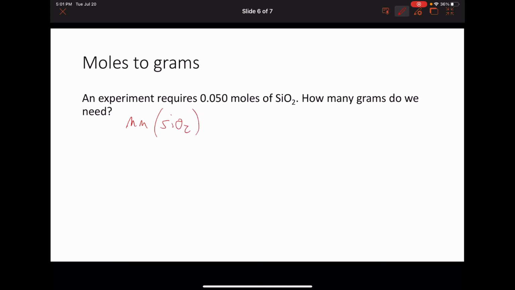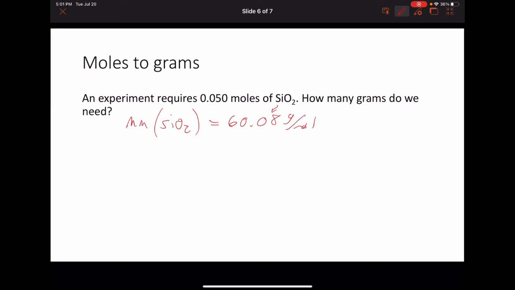So we would look up silicon on the periodic table and then oxygen, and we sum these up. I'm not going to do the intermediate calculation, I'm just going to show it to you. It's 60.08 grams per mole. So that's the molar mass of silicon dioxide.